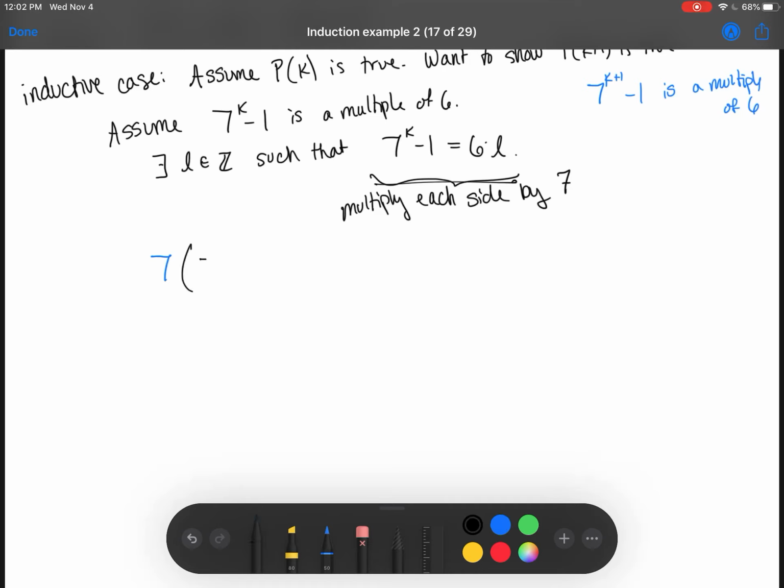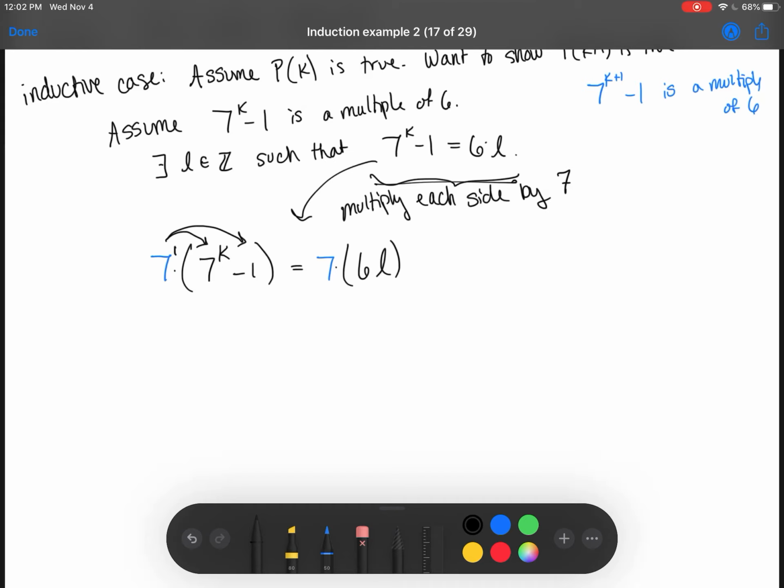So we have 7 times (7 to the power k minus 1), and that'll be equal to 7 times 6 times L. You can see I haven't done anything. I've just taken this equation and multiplied it by 7 on each side. That didn't change the equality. Now we want to distribute this 7 to the 7 to the k and to the 1.